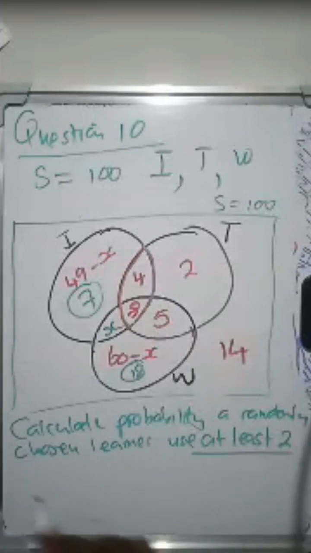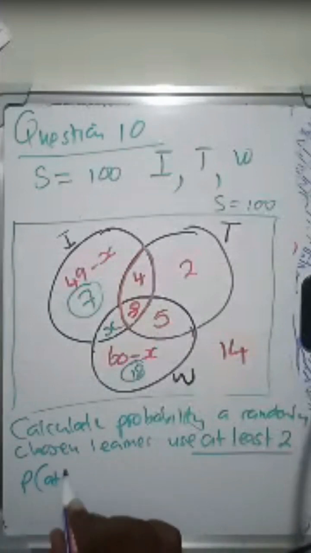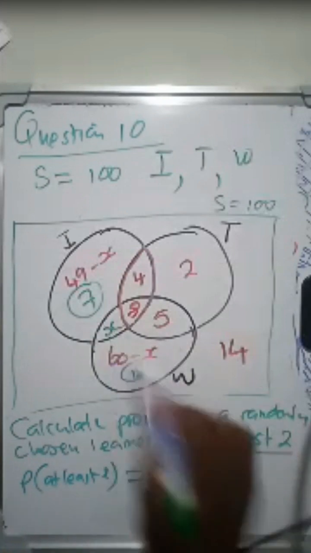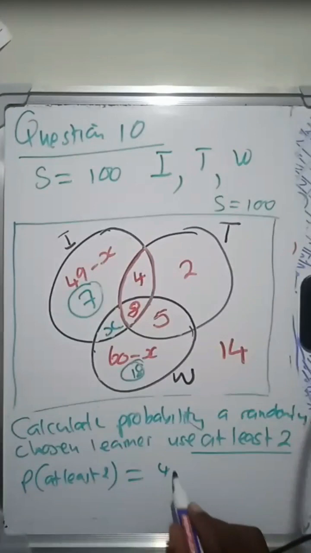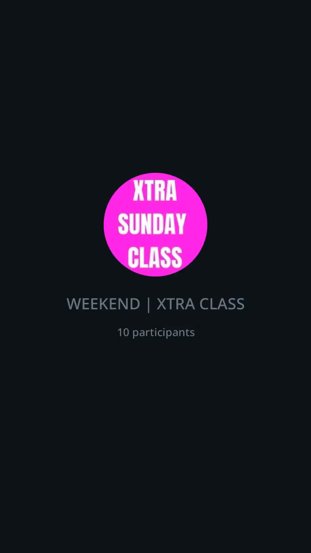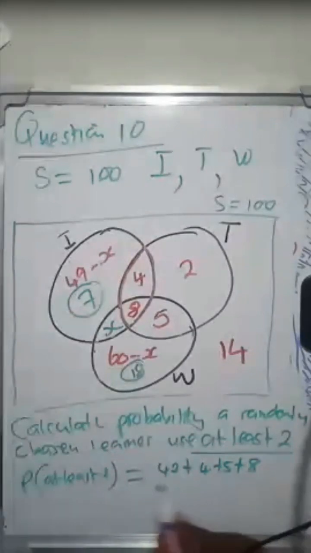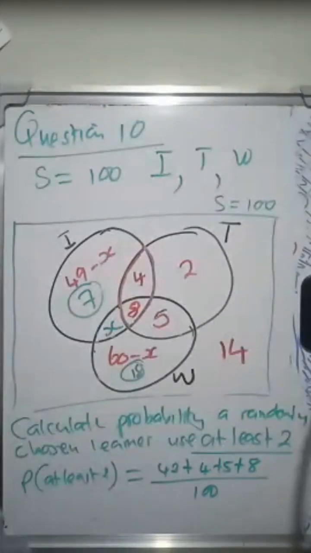So probability at least 2 is equals to, so these ones 42, they use 2, plus 4, they use 2, plus 5, they use 2, plus 8, they use 3, over 100. Are we together? Because this is at least 2, so it means 2 and above.